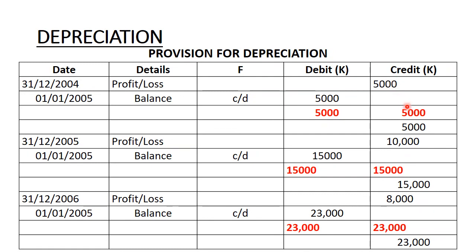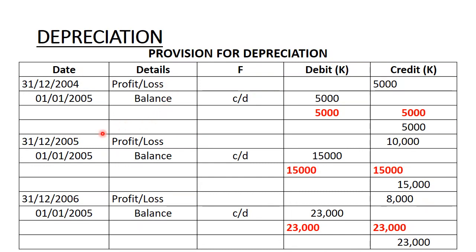So the total is 5,000 carried down, the balance is here. And of course, since we debit the profit or loss account, the details is going to be profit or loss account. Then in the profit or loss account, we're going to have provision for depreciation, and the money is going to be on the debit side.